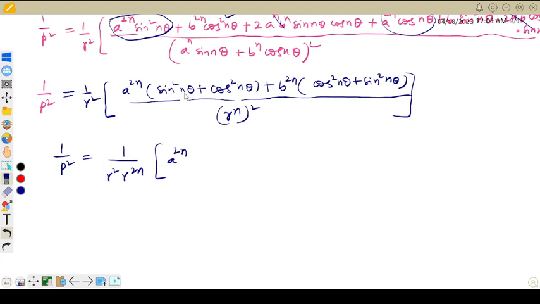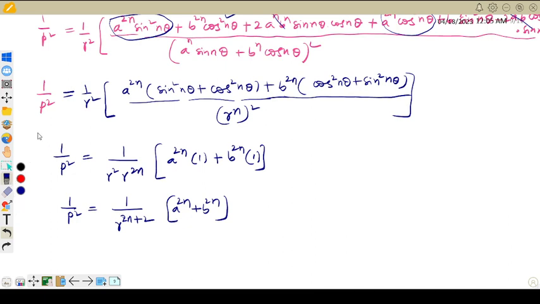This is sin square n theta plus cos square n theta, by using the first identity is 1. Similarly, b raised to 2n into cos square n theta plus sin square n theta is 1. This is 1 by p square is equal to 1 by, when bases are same, powers are added, r raised to 2n plus 2 into a raised to 2n plus b raised to 2n.